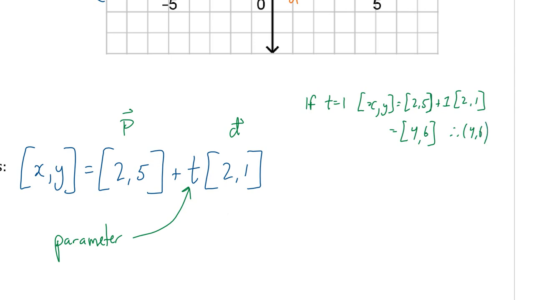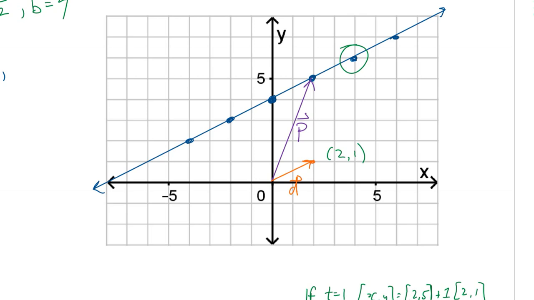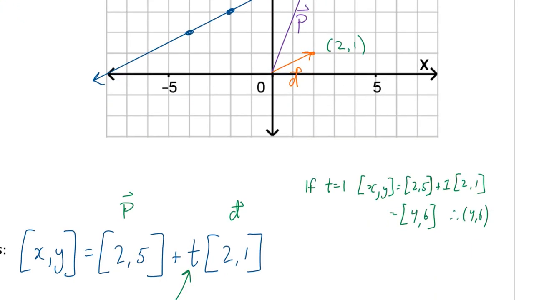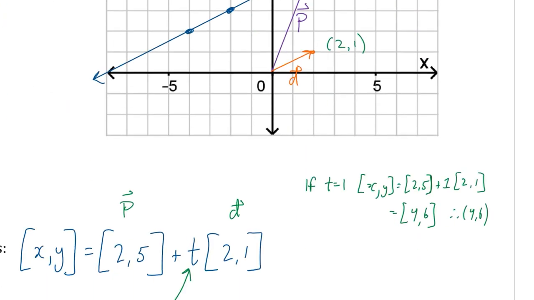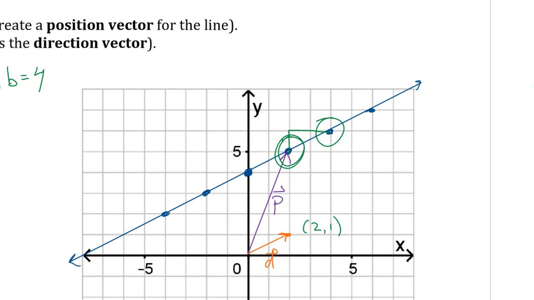And what if I chose 2 as my value for t? Well, see what I did was I started at this point because that was the position vector that I used, (2, 5). And I went the direction vector once because I chose 1 to be t. So I went up 1 and over 2. What if I said t was 2? Then I'd be starting at this point and I'd be doing that twice and I would end up at that point.